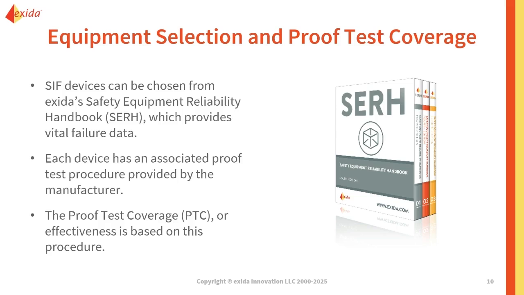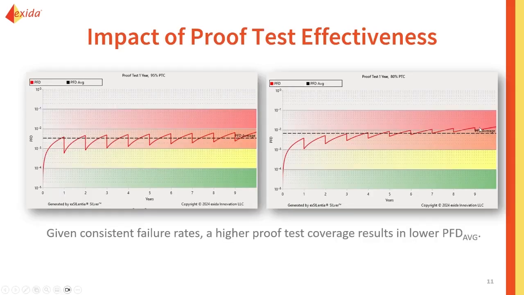So we know the basis of our proof test coverage, but it's also important to understand the impact this has on our overall SILver results. If we take a look at our PFD charts, here you can see a chart for a proof test coverage of 95% and a chart with a proof test coverage of 80%. So given consistent failure rates, you see there's very obviously a difference in the trend of PFD over time.